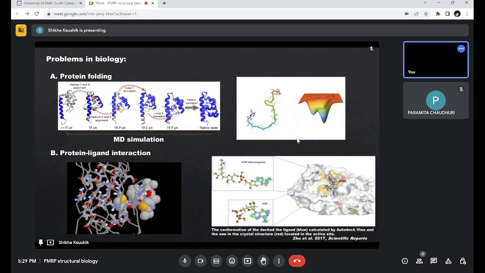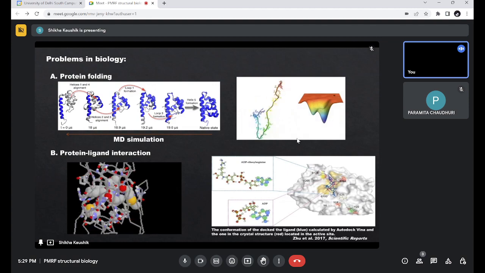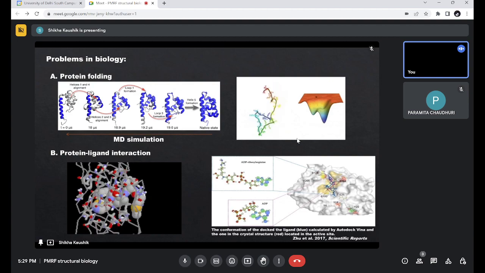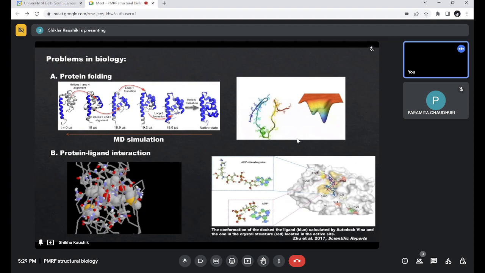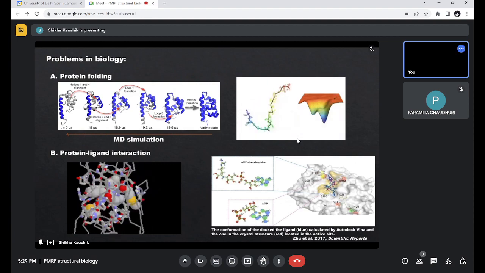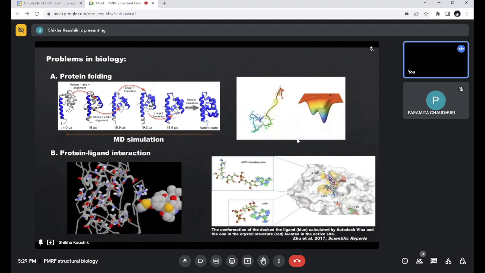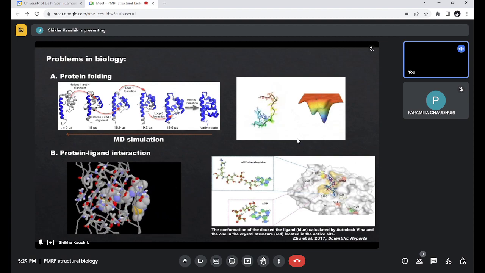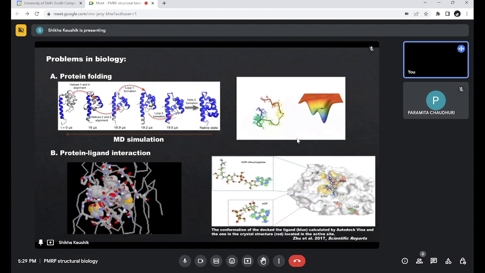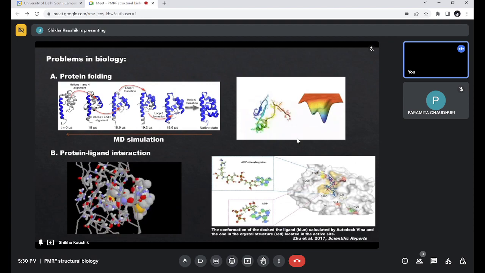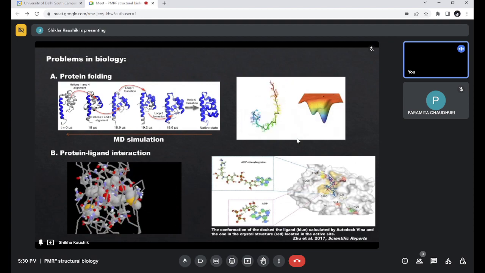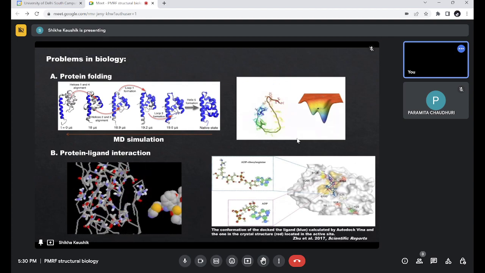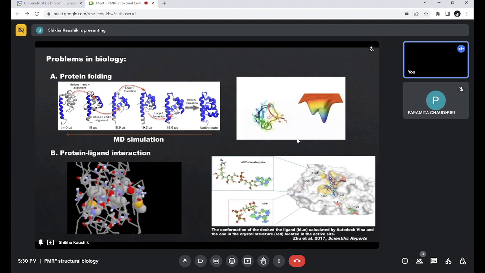Protein folding is one of the most commonly faced problems whenever we perform experiments. With the help of molecular dynamics simulation, we are able to understand how protein folding happens in our system. This tool has made us understand the exact process of protein folding, which is very important.